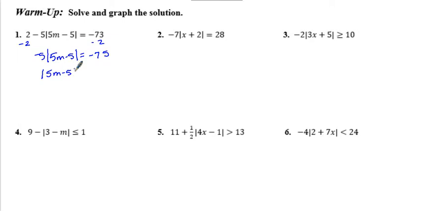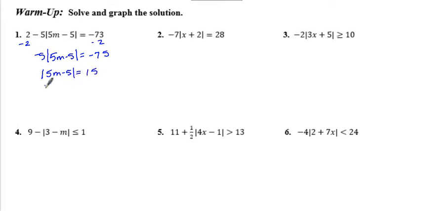And remember, this whole time our absolute value bars remain in place. We still have this 5m minus 5 within the absolute value bars. Those don't leave. Also, we never ever distribute within the absolute value bars. They're in jail, nobody goes in, nobody goes out, okay? The only time you can break these out of jail is when you've finished the isolation step.